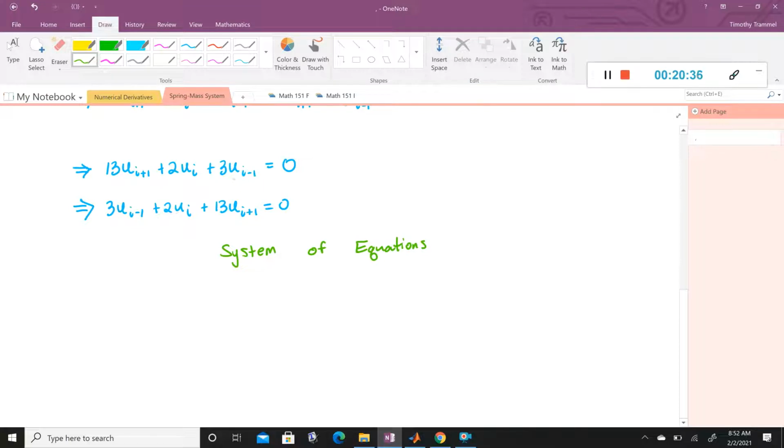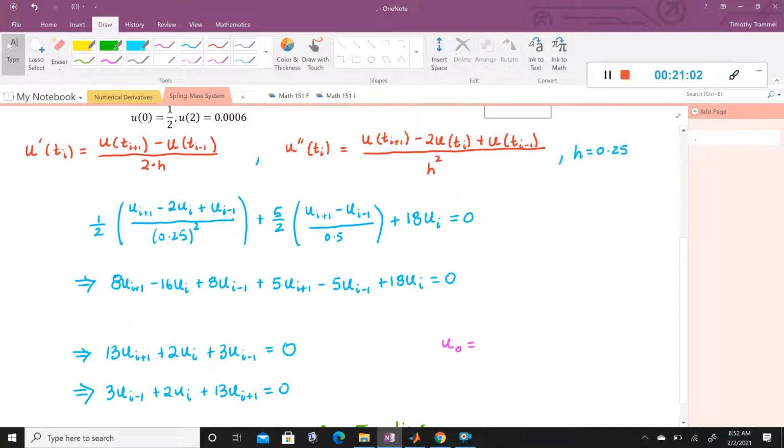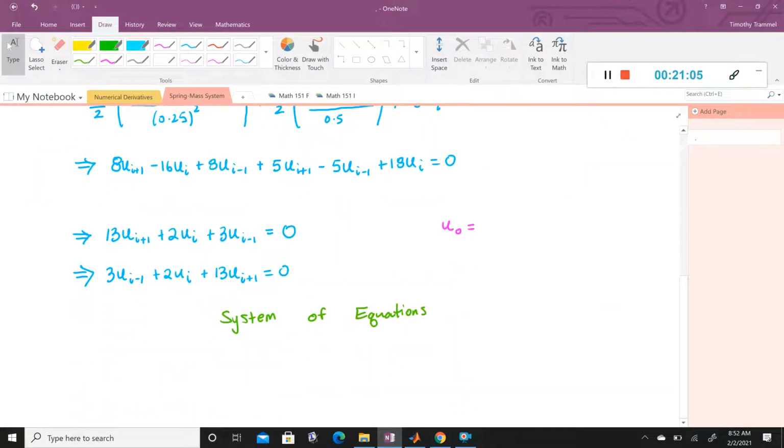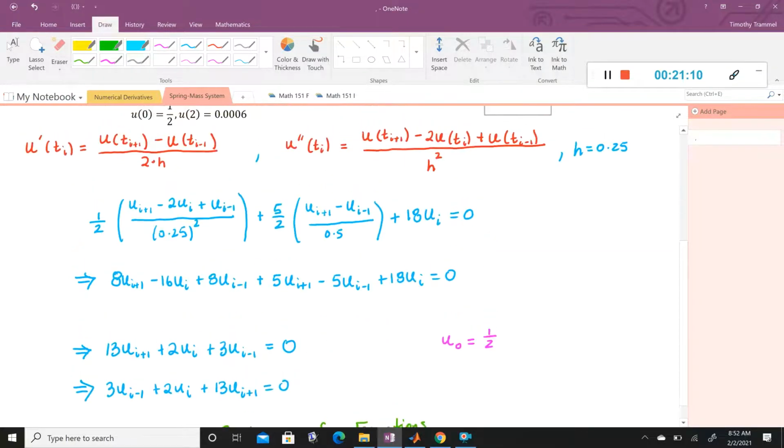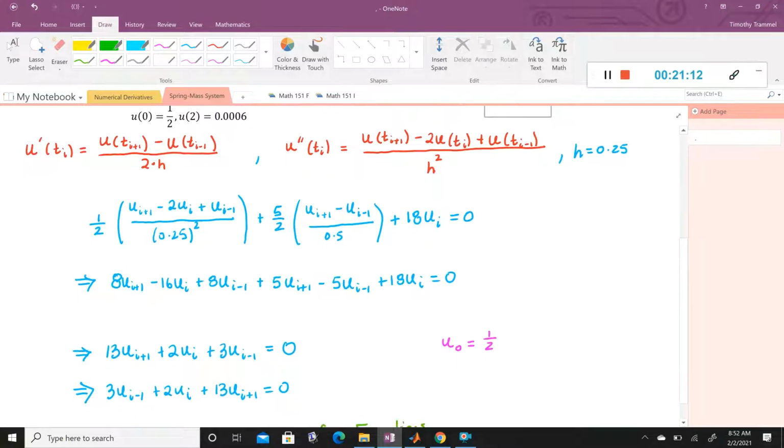But let's go ahead and first make one more note that if we are to start off with u sub 0, well, we determined that that initial displacement was 1/2, so I'm going to write that in here, 1/2. And then our final at 2 is 0.006.